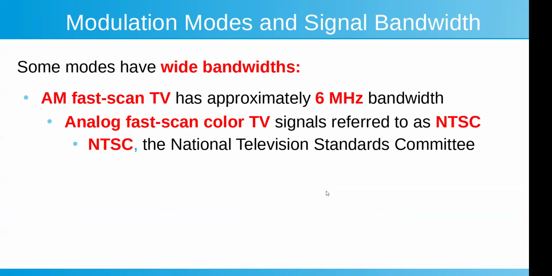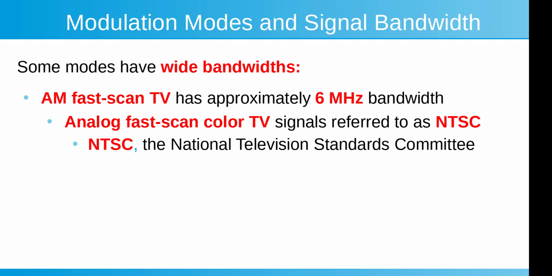Okay, so there are also some other modes that I'm not sure why they call wide bandwidth, but AM fast scan TV, which you can use as an amateur, is approximately 6 megahertz wide, the same as AM voice.